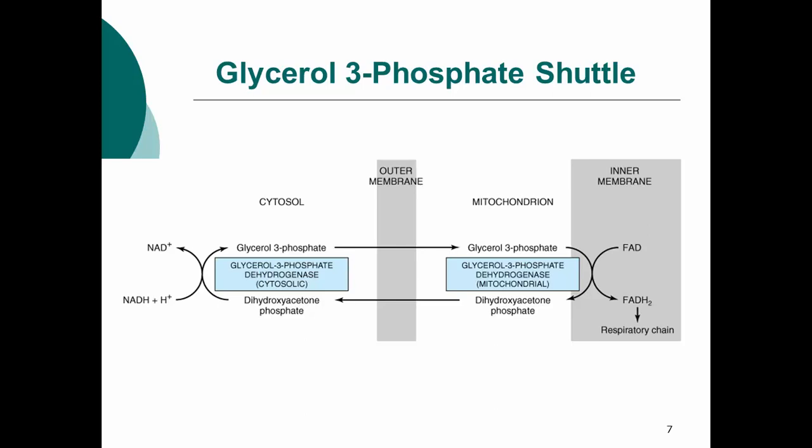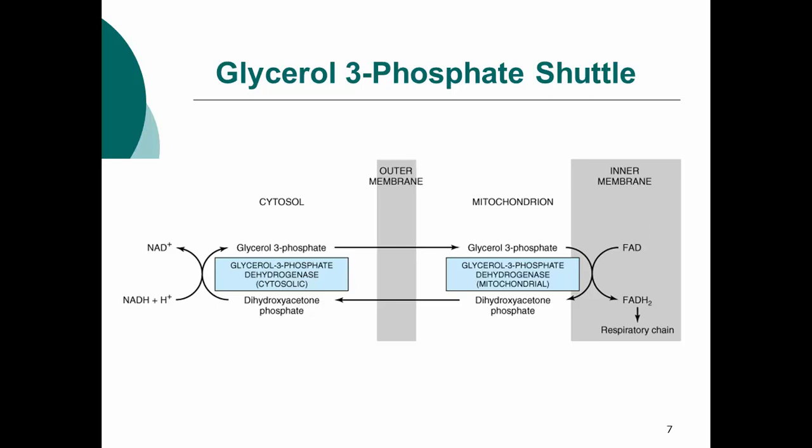Some types of cells only have a glycerol 3-phosphate shuttle. So in some types of cells, the electrons in the NADH in the cytosol pass through to the FAD in the mitochondria because they only have a glycerol 3-phosphate shuttle and do not have a malate aspartate shuttle.